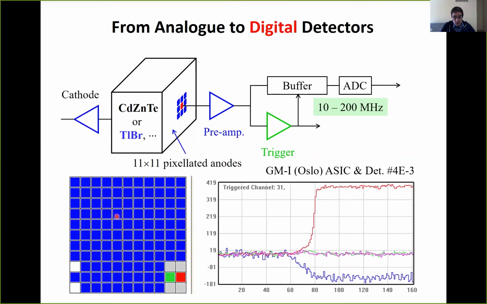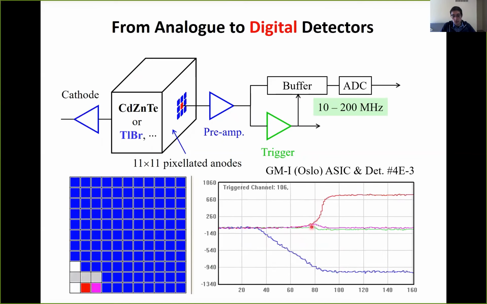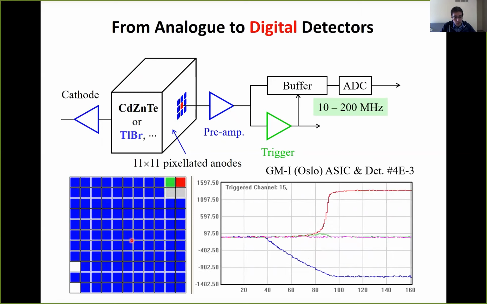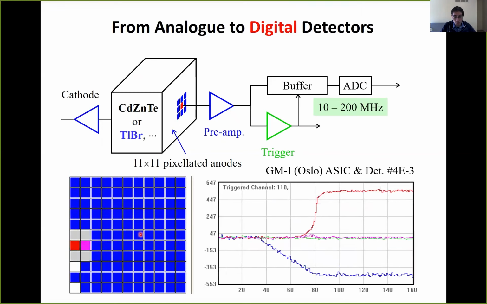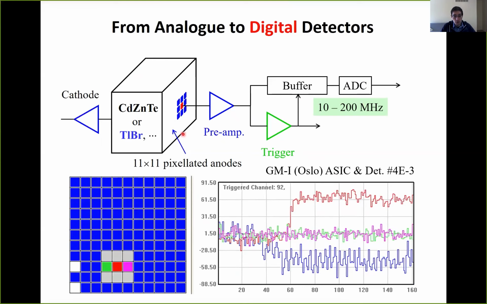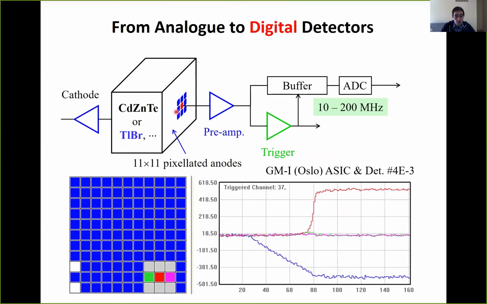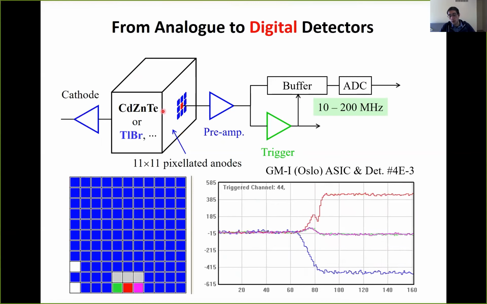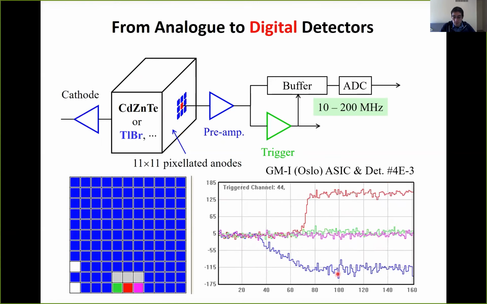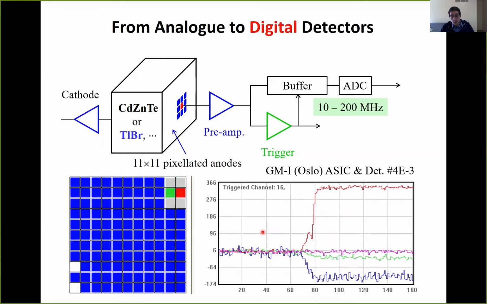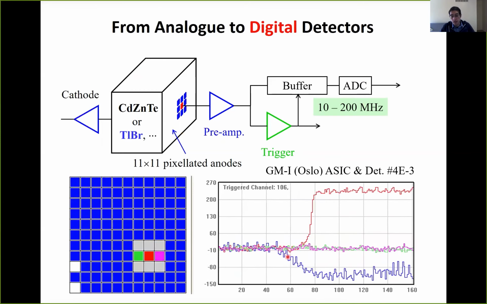Here we can see the different pulses, the digitized pulses coming out. The red is the triggered pixel, while the neighboring green and purple are the neighbor pixels. So let's say we trigger the center one and we read out the neighboring signals, and we'll talk about why we do that in a later slide. We also read out the cathode because the cathode gives us a depth-dependent signal.